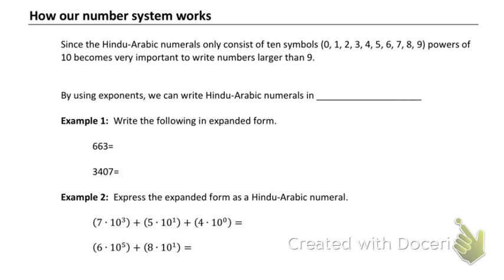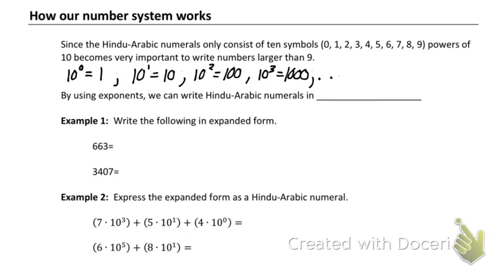So some examples of powers of 10, I'm sure we all know these. 10 to the 0th power equals 1. 10 to the 1st equals 10. 10 squared equals 100. Let's just do 10 to the 3rd. 10 to the 3rd equals 1000.